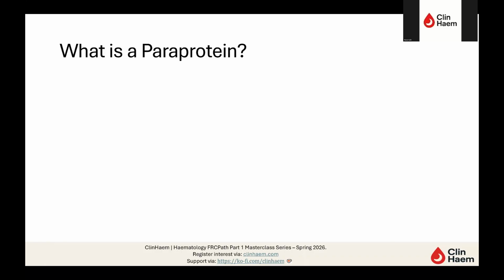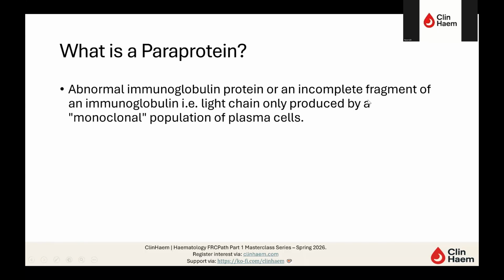So you've got a malignant plasma cell that just continues to produce the one type of combination of heavy chain and light chain. Perfect. Yeah. So basically it is an abnormal immunoglobulin. So a paraprotein is an immunoglobulin or a fragment of an immunoglobulin, for example, light chain only, and it's produced by a monoclonal population of plasma cells.